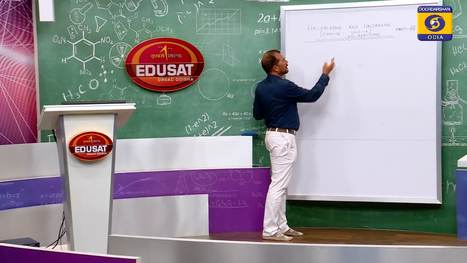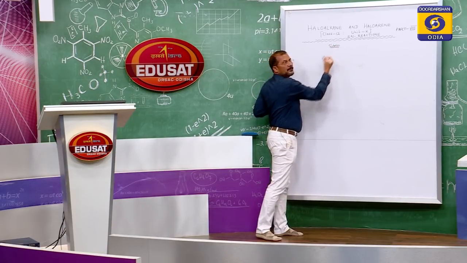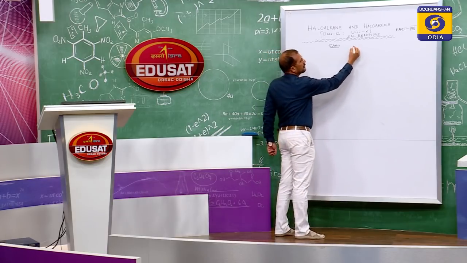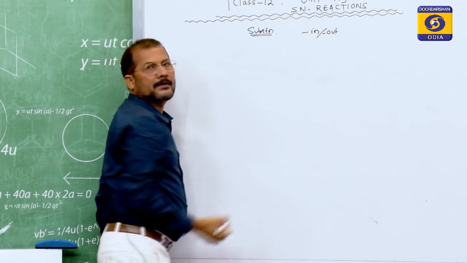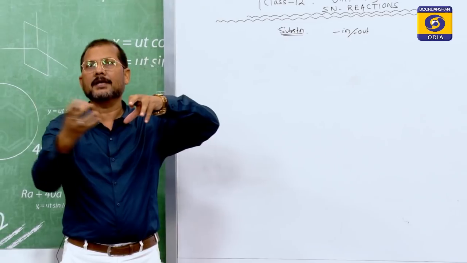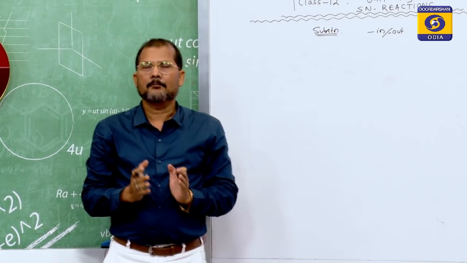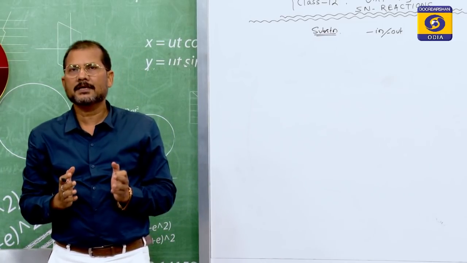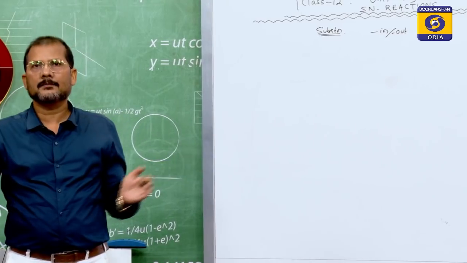So, what do you mean by that? Substitution reaction. In a substitution reaction, what happens? There is an in-out type of reaction. One species is out from the molecule, another species is in. Just like in a cricket team, we see batsman substitution. What happens there? One batsman is allowed to sit or take rest, another batsman in.